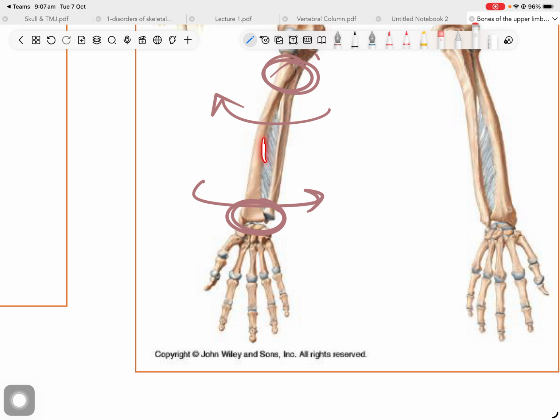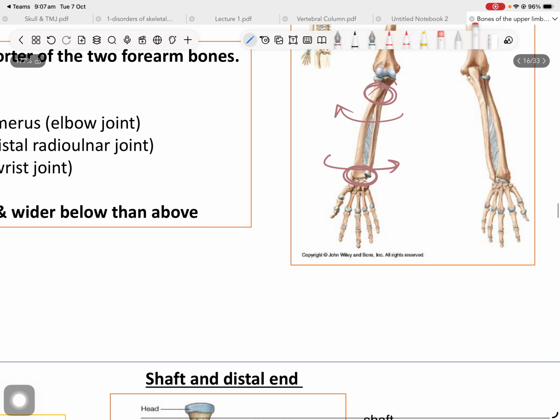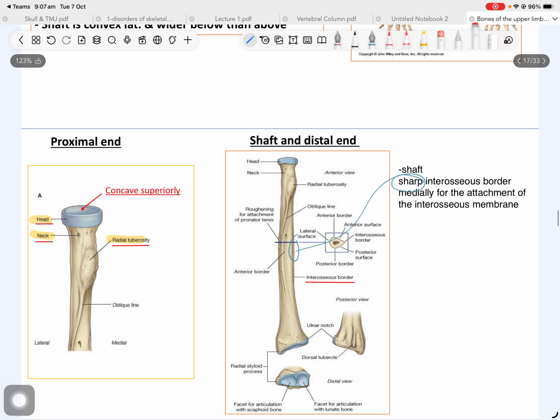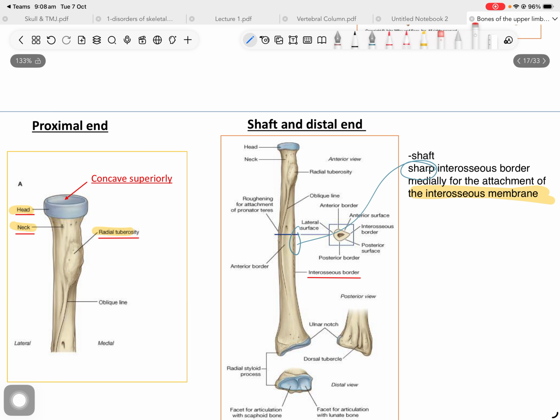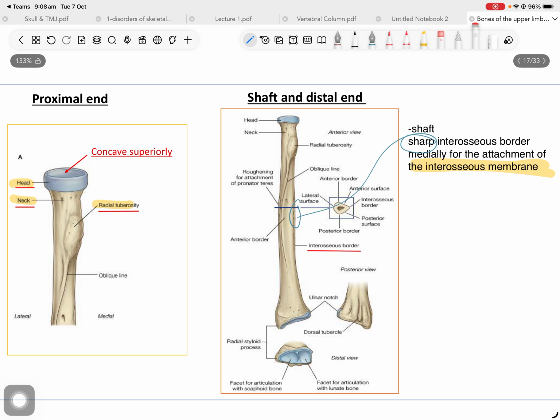We call this membrane the interosseous membrane. So it is a membrane between two bones, so I call it the interosseous membrane. This membrane attaches to this sharp border, which is located at the medial side of the shaft of the radius, and I call it the interosseous border. Okay? So medially I have the interosseous border, which is a very sharp border for the attachment of the interosseous membrane.